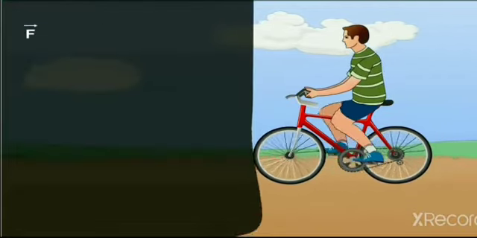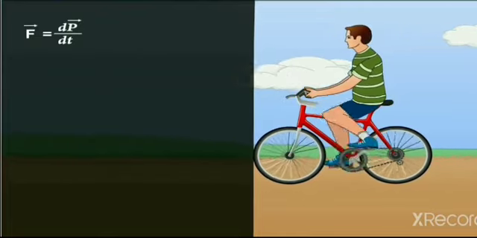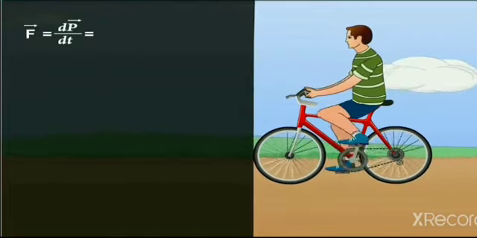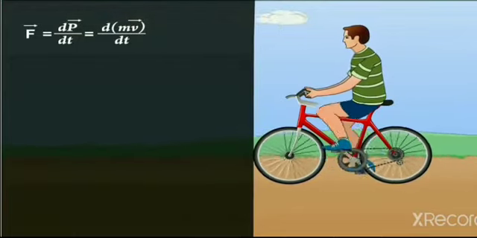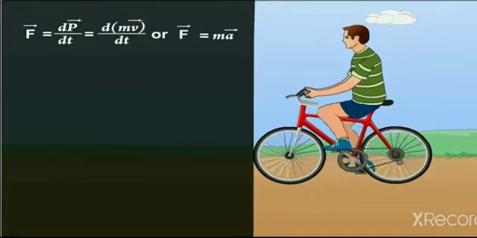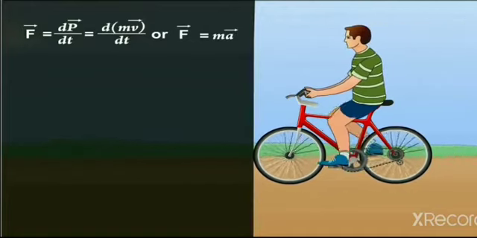That is, F is equal to dP upon dt, which is equal to d of mv upon dt, or F bar is equal to ma bar.